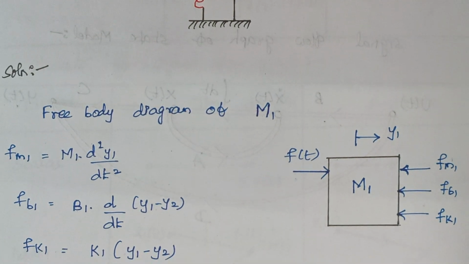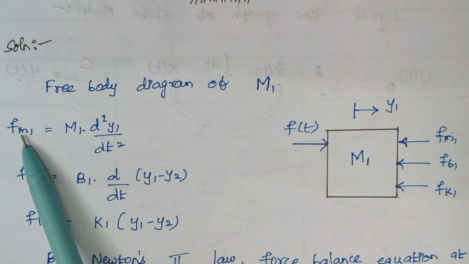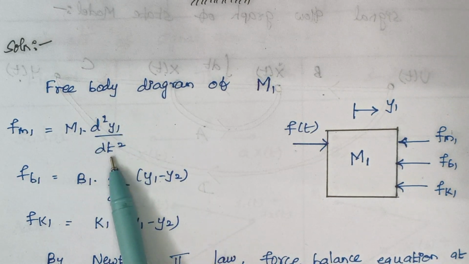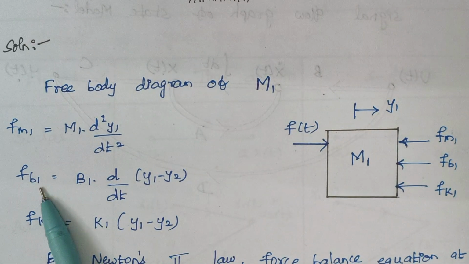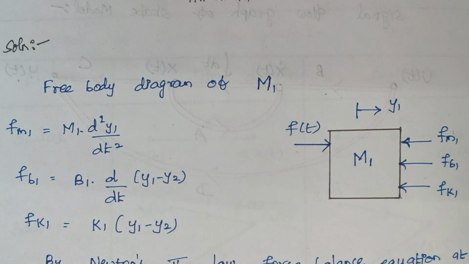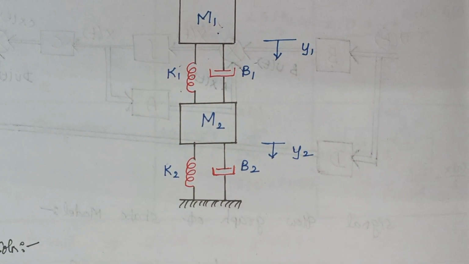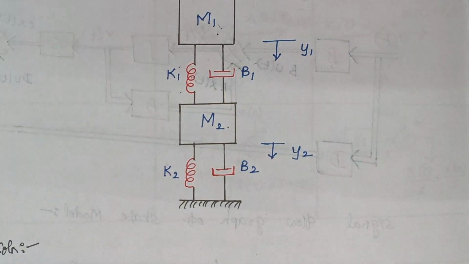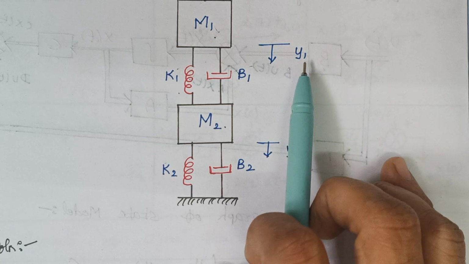Now we are going to write the expression for each and every term. So fm1 is nothing but m1 into d square y1 by dt square, that is acceleration. Next is fb1. When you look back, this b1 is connected between m1 as well as m2. So while writing the expression, since we are considering m1, y1 should be given priority.